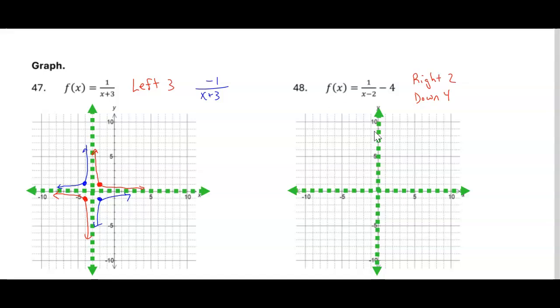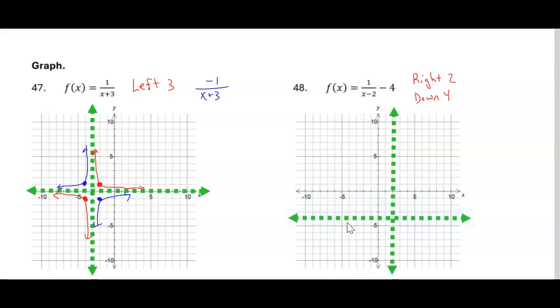So if we take this vertical asymptote and move it to the right 2, and we take this horizontal asymptote and move it down 4, the graph is now recalibrated to satisfy those shiftings. Okay, and it's 1 again. So we just go 1 unit, 1 unit away, 1 unit away. Make our graph.